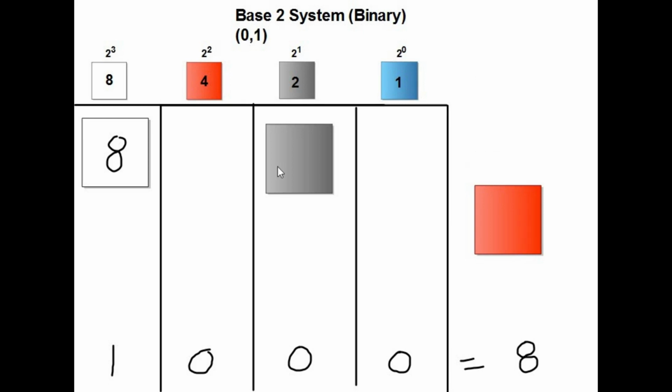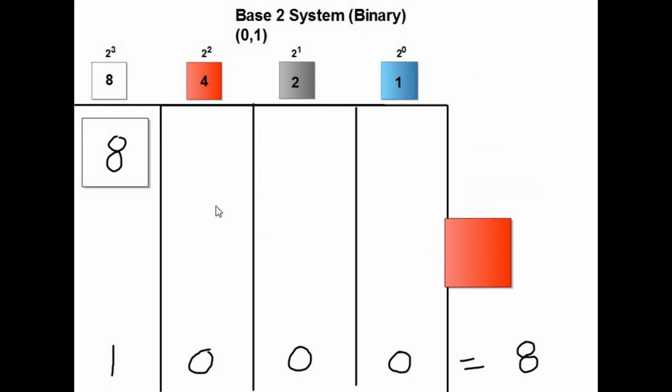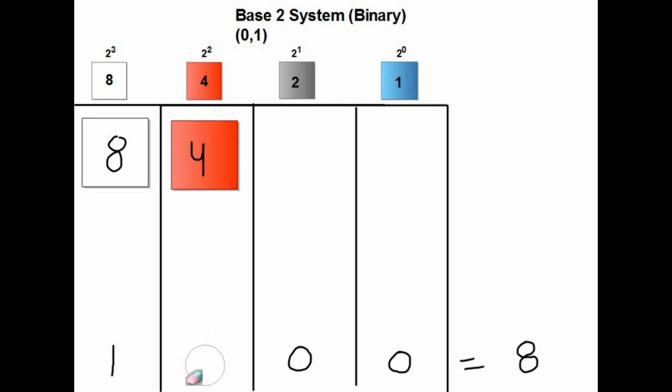Transfer the contents of these 2 gray boxes into the red box and then place it into the red box column. Mark it as a 4 and then update the value here to 1. Now we have 12 disks, so we'll update this to 12. And that's how you represent 12 in binary.